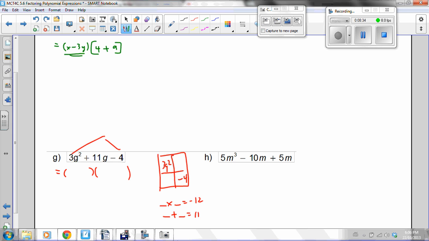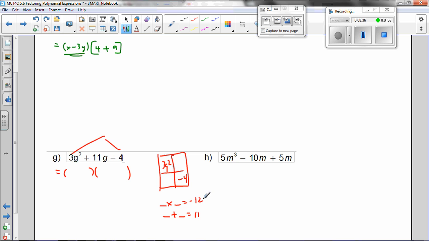Well, there's lots of things that multiply to get to 12, and it's got to be a positive, though, so one of them's got to be a big number, 12 and negative 1. So this is going to be 12g here, negative 1g there, and then I factor. Well, factoring up and factoring over.